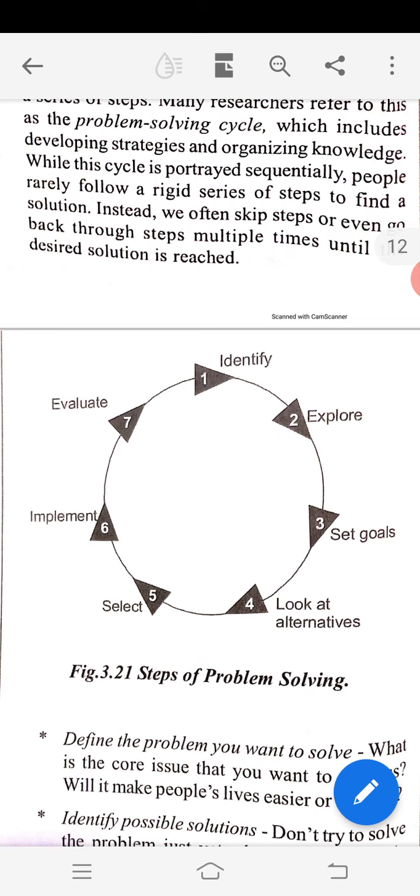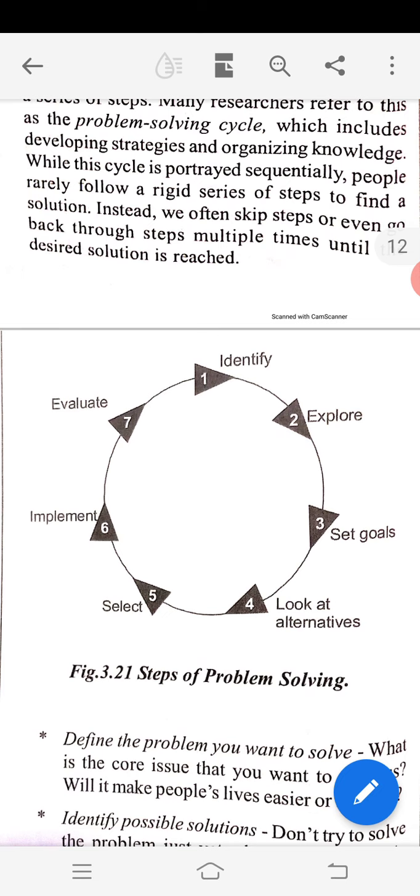In identify, first identify the causes or sources of the problem, then explore what type of problem it is, then set a goal in your mind for how to solve the problem, and if one way does not solve the problem, different ways of solving the situation will be looked at.